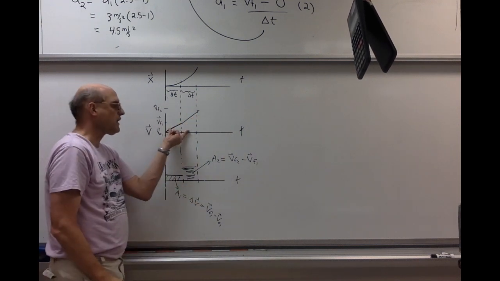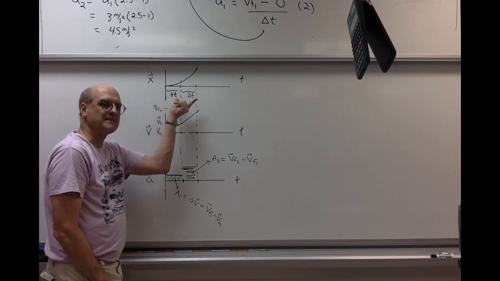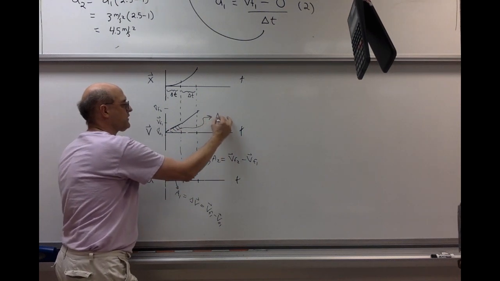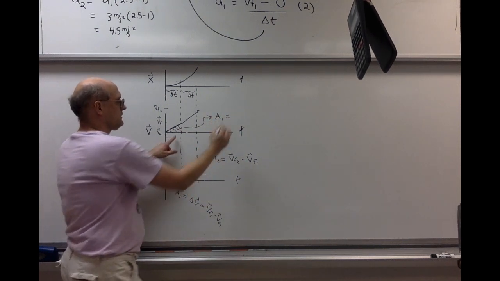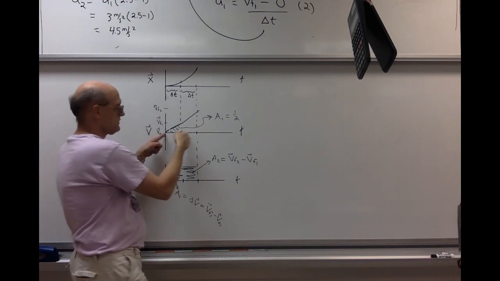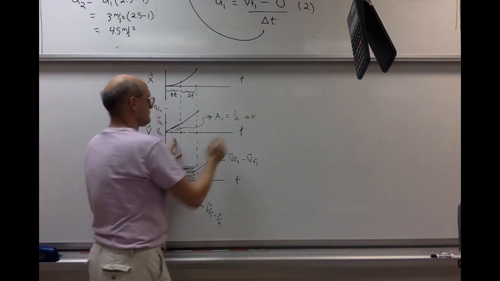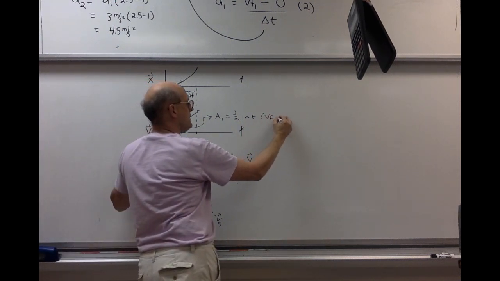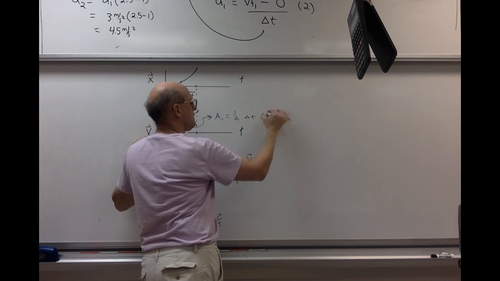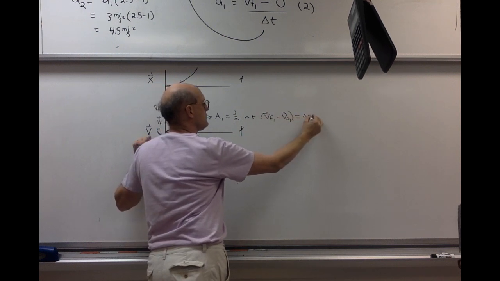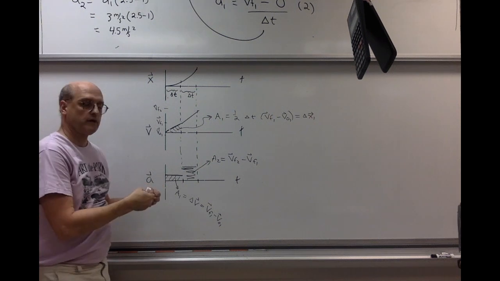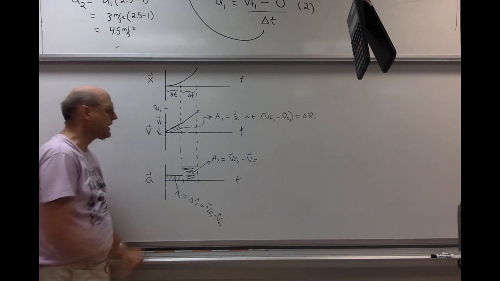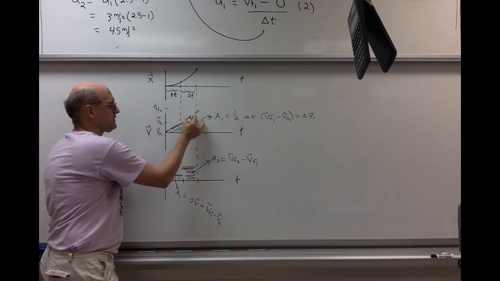The area under a velocity versus time graph is equal to the displacement. So here we have a triangle. So I found the area of that triangle. Well, that would be 1/2 the base, which is delta t, multiplied by the height, which is VF1 minus VO1. And that should be equal to the displacement during the first segment of the car accelerating. And then that would also be true of this area here.